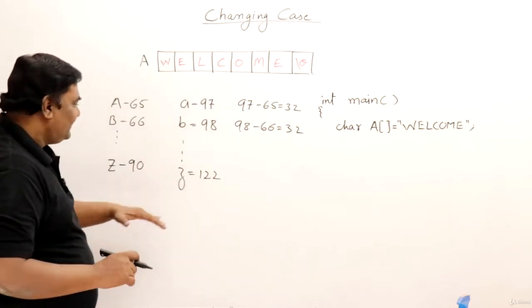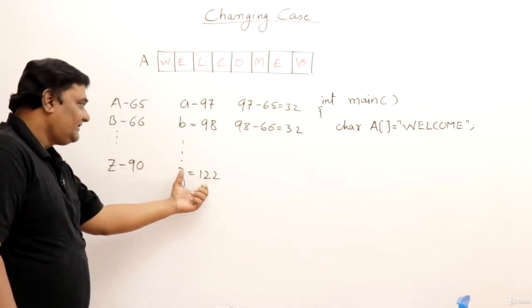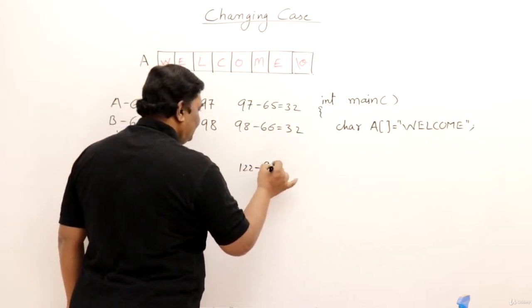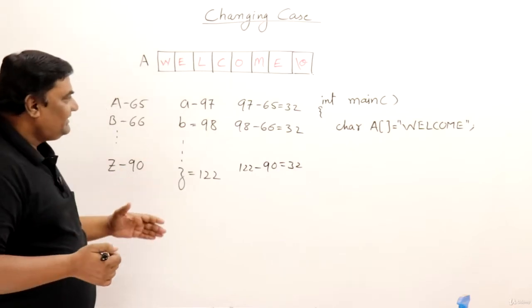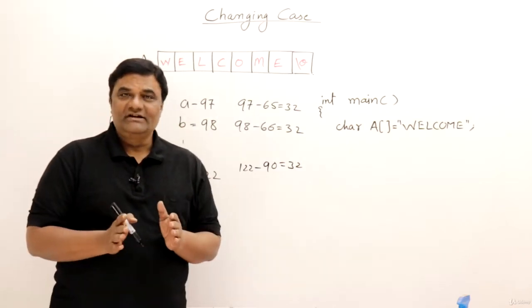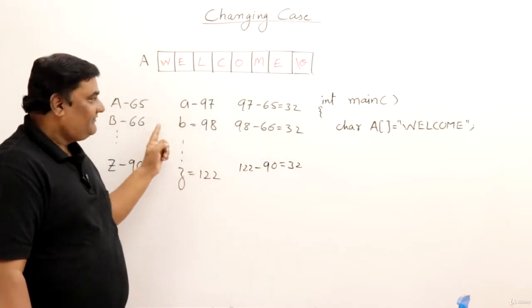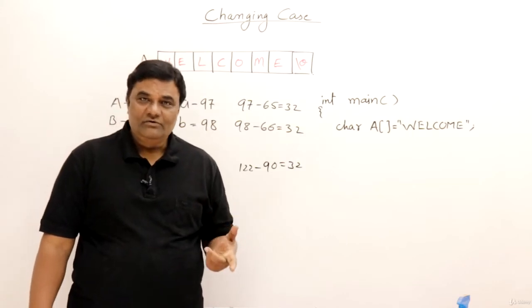Similarly, for capital Z and small z, 122 minus 90 is 32. If it is uppercase and I add 32, then I will get the lowercase ASCII code.